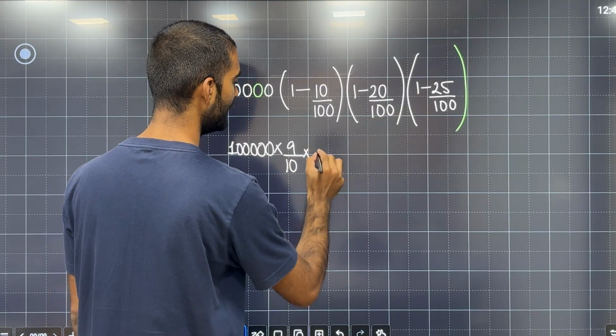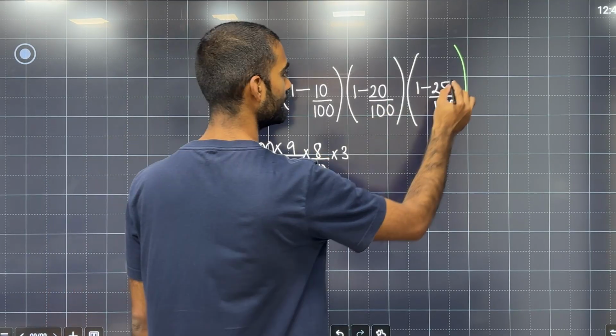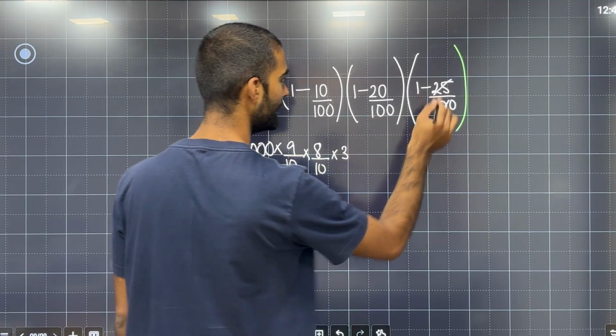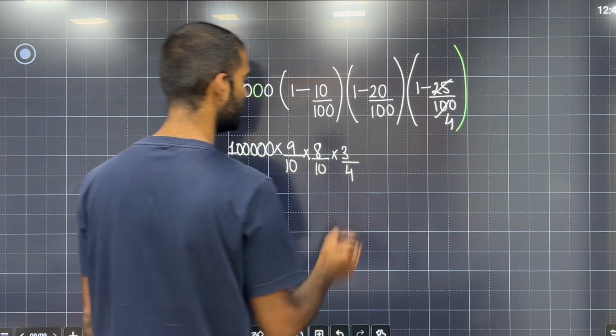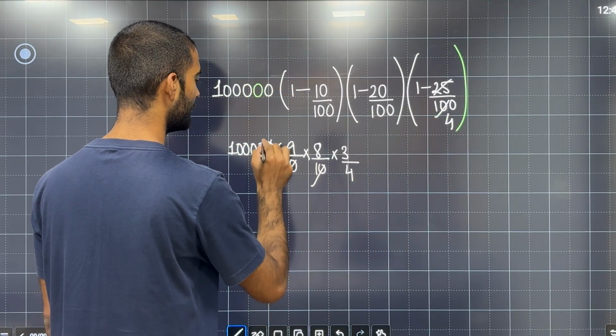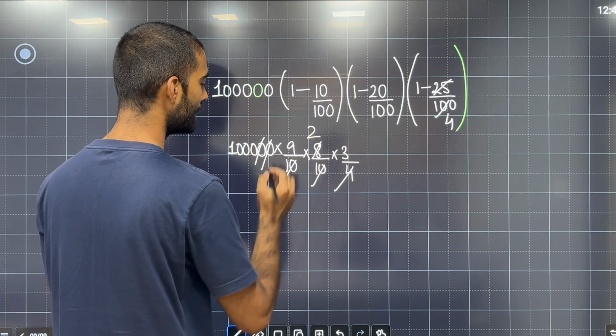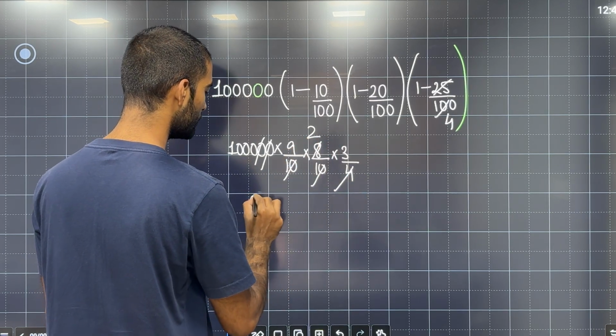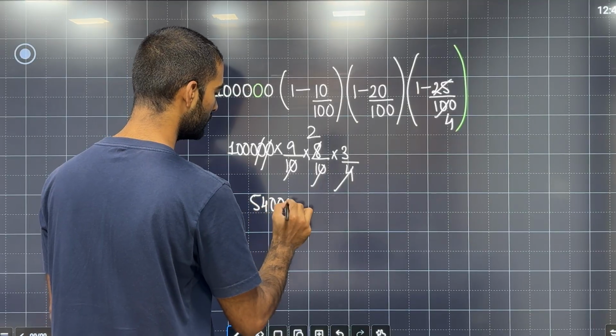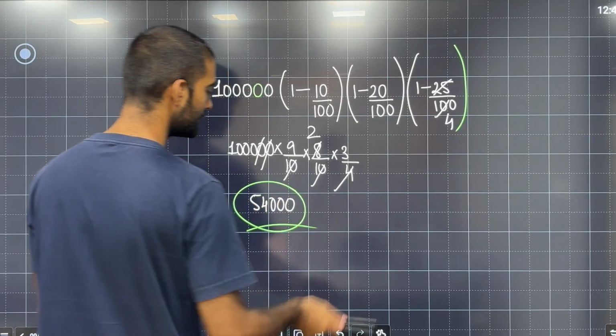This is going to be 8 by 10. This is 1 by 4, so we can leave it as 3 by 4. So this cancels 2 0. This is a 2. 9 3s are 27 times 2 is 54. So 54,000 would be the answer.